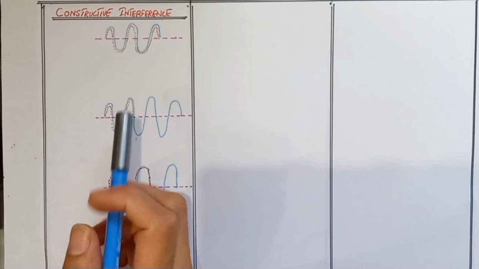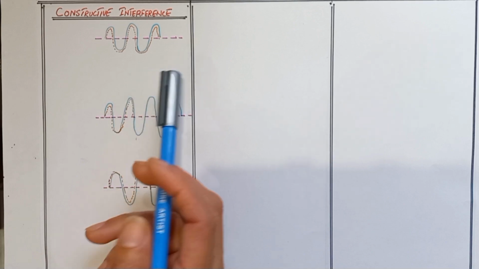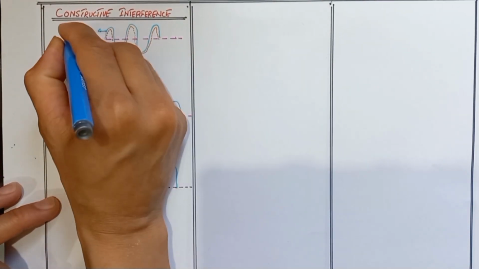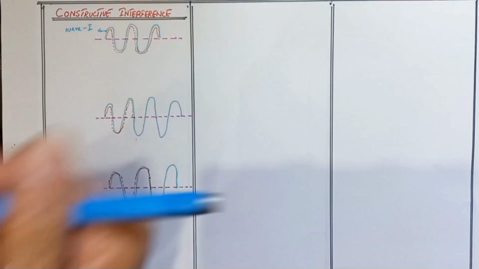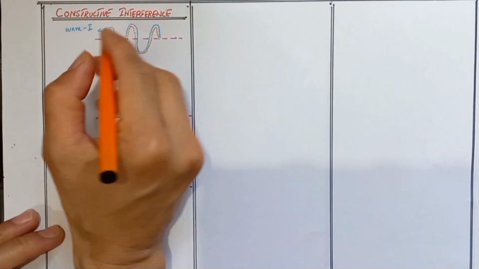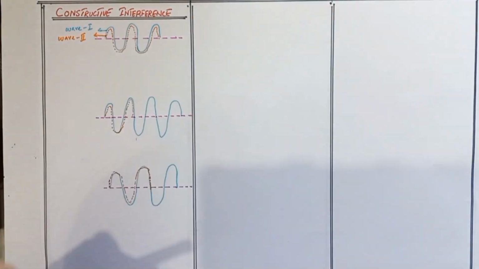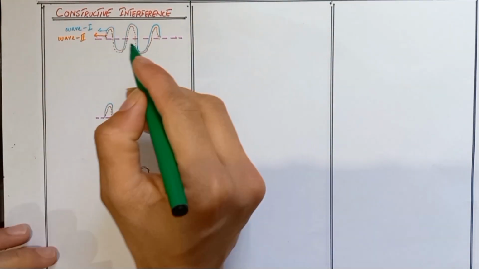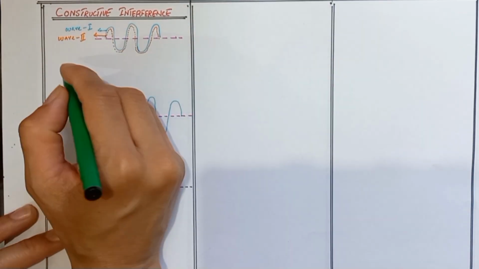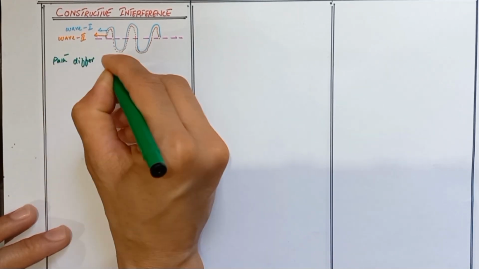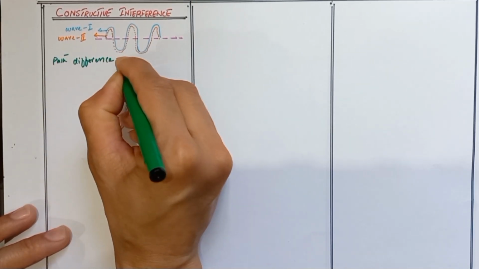Assalamualaikum students. Today we discuss constructive interference and the path difference and phase difference of two waves. Here we take two waves. This is wave 1 and the dotted shape is wave 2. When we compare these two waves, the path difference tells us how much further one wave travels.